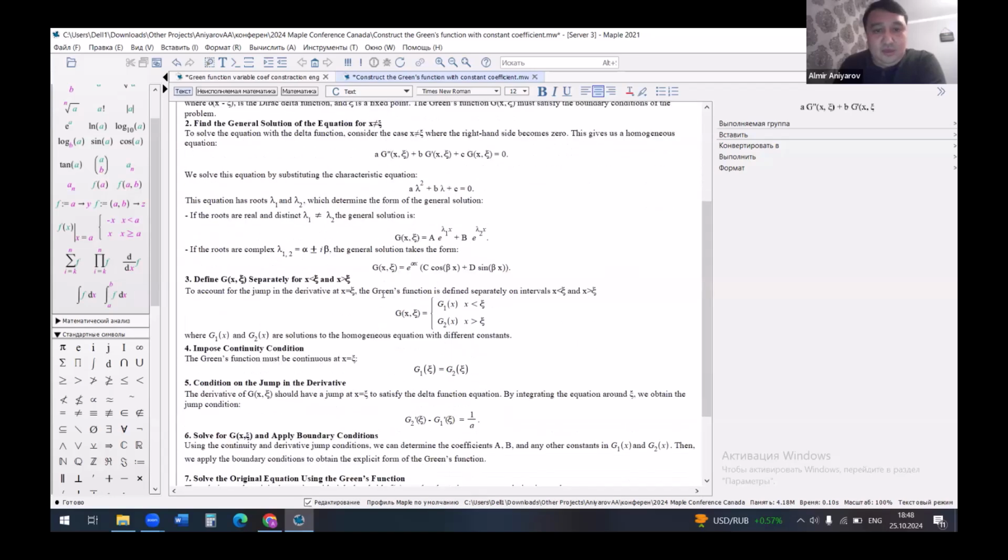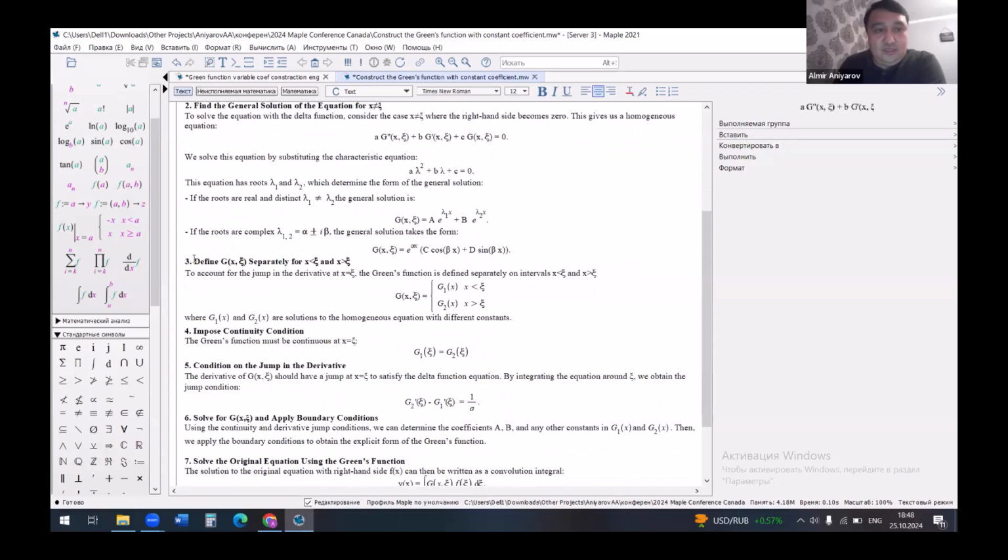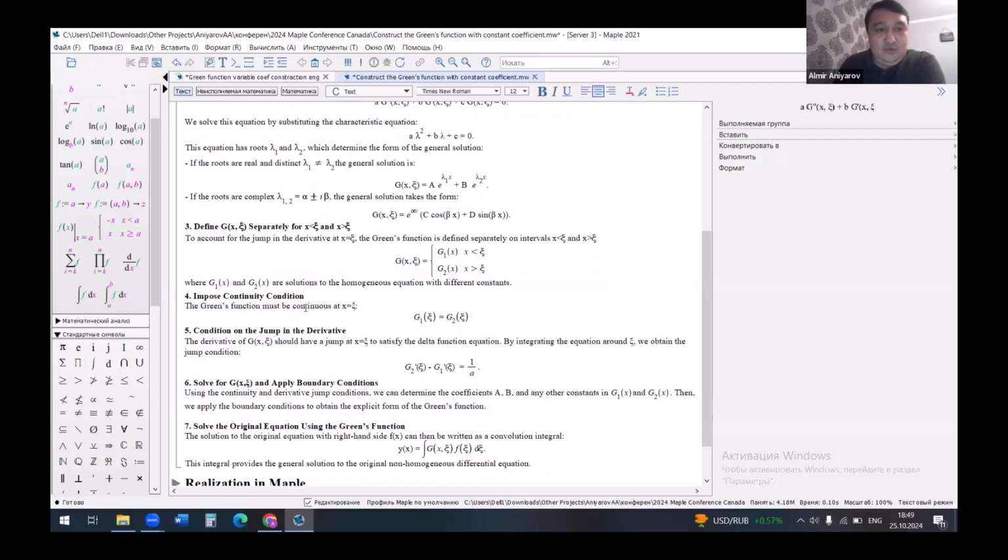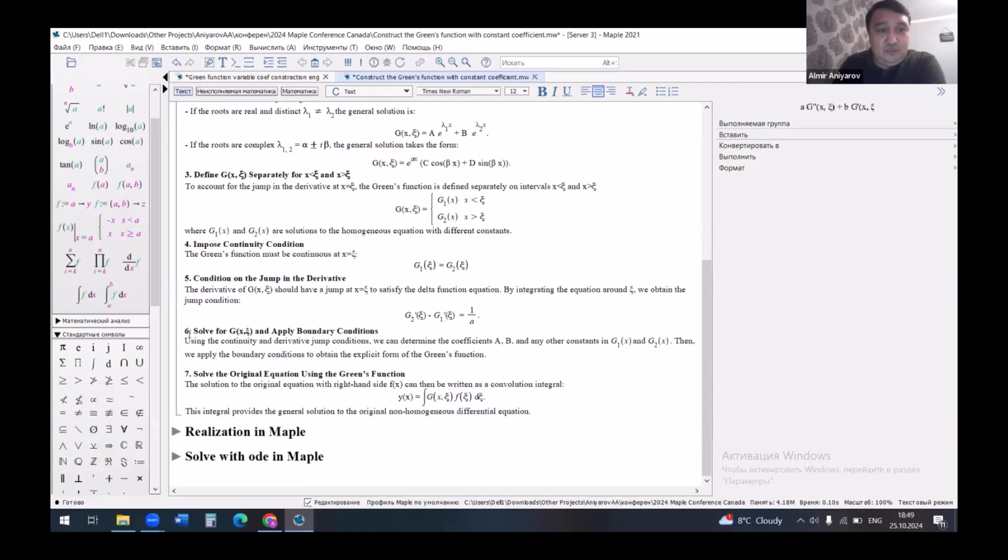The third step is to define G separately for x, and we use the continuity condition for the Green function and the jump condition for the derivatives. After that, we apply the boundary conditions for the differential equation.